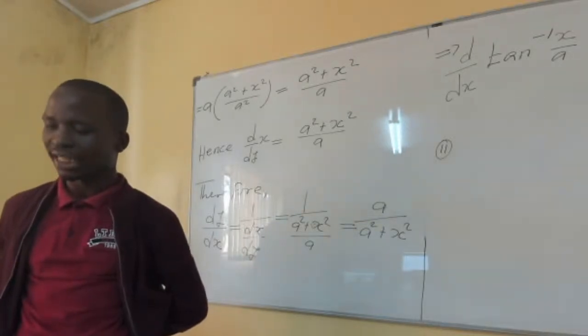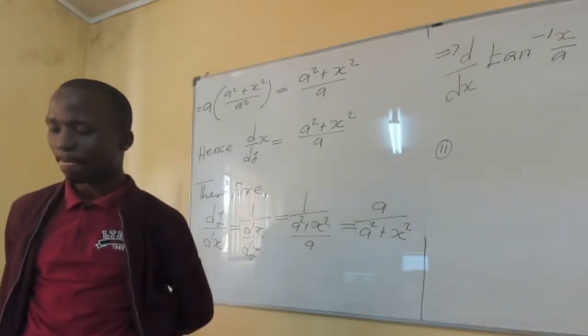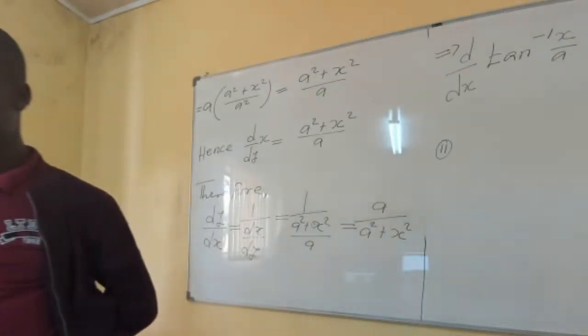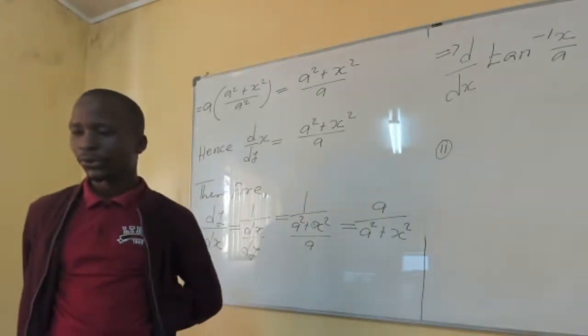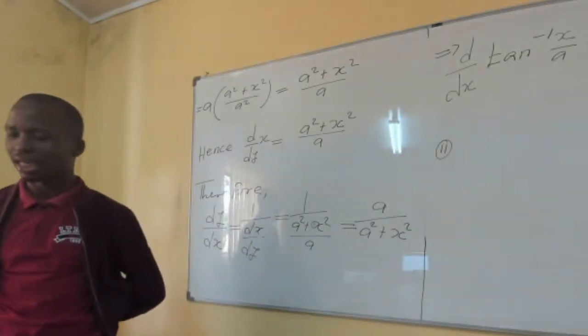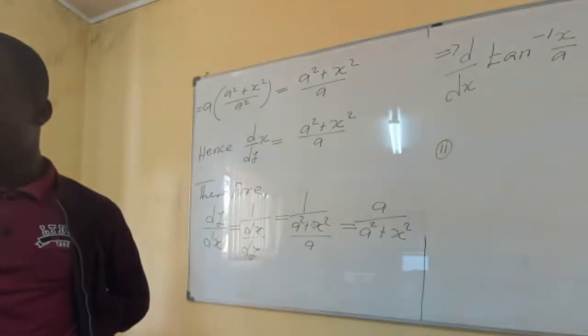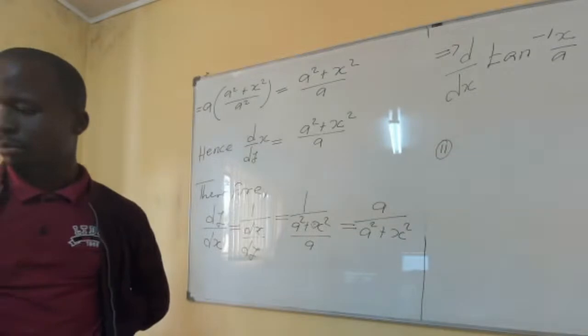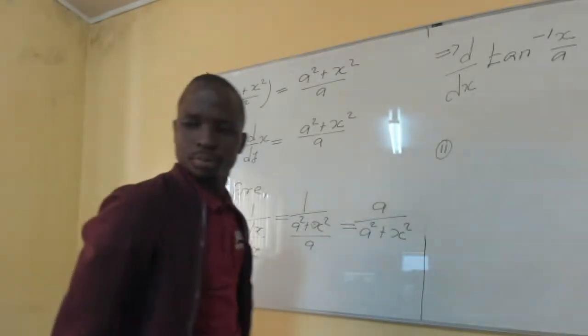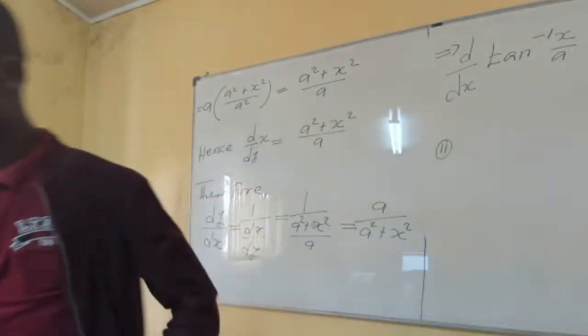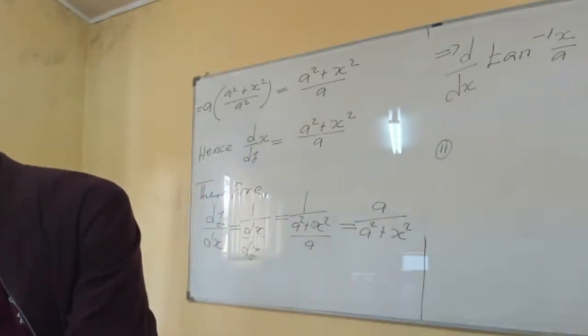Or from Wednesday, Thursday, Friday, you're having tests. So you are saying Wednesday, Thursday, Friday, you're having tests? Okay, let's chat in the group, then we can decide. Okay, have a nice day.